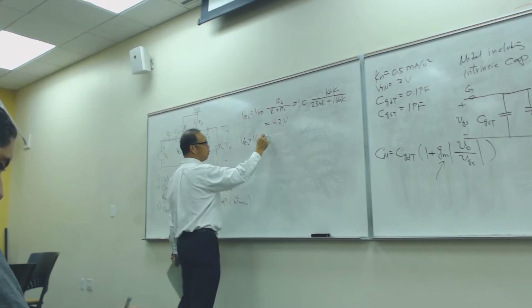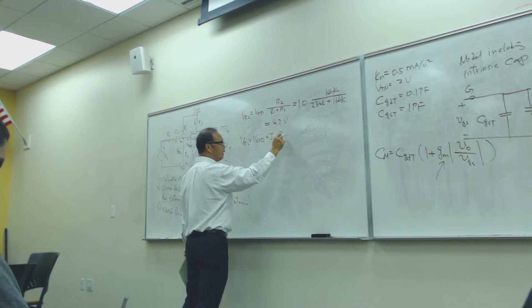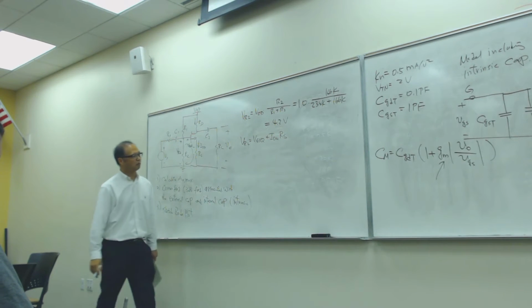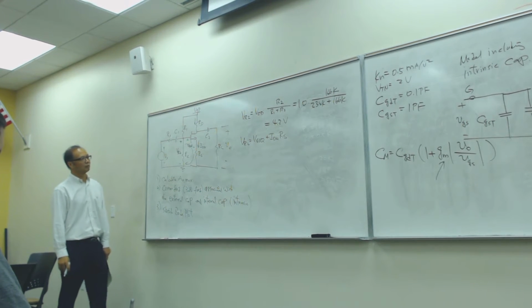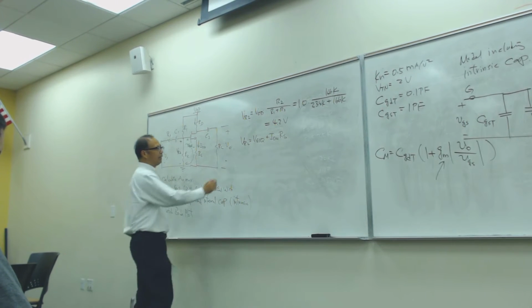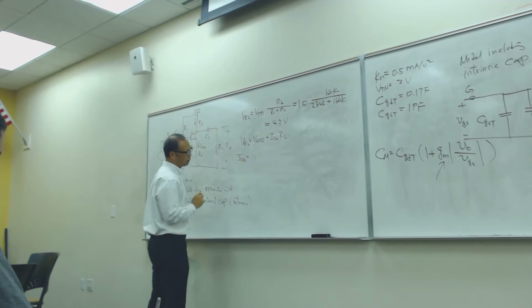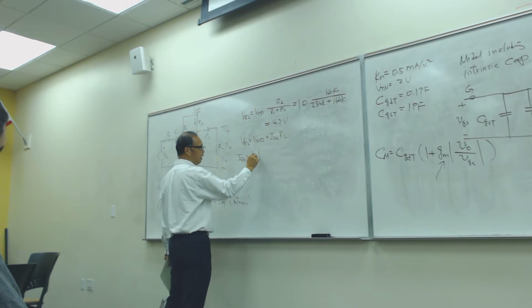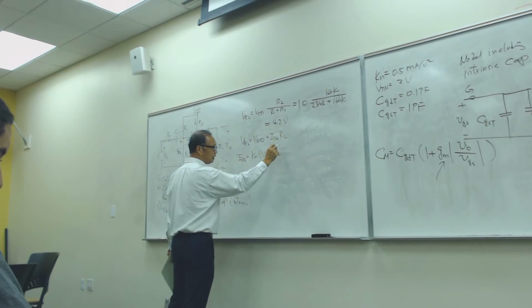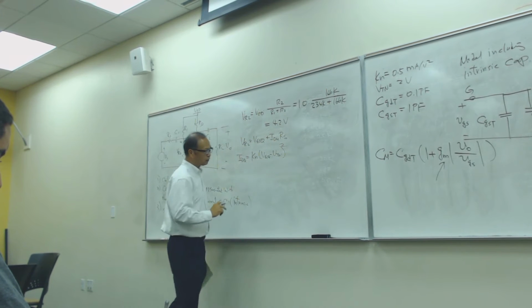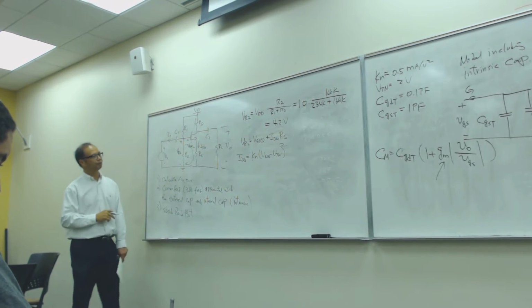So therefore, for us, IDQ times R sub S, yes? Okay, and IDQ is a function of VGSQ, yes? It's Kn times (VGSQ minus VTN) to the power of 2, yes?